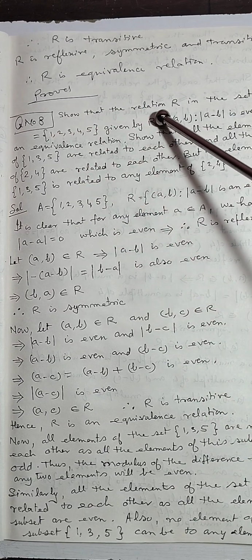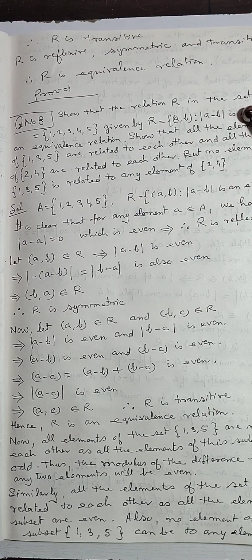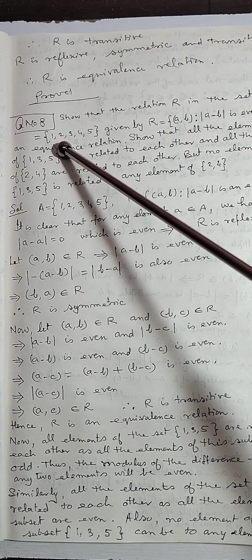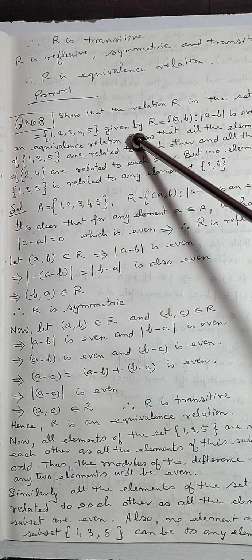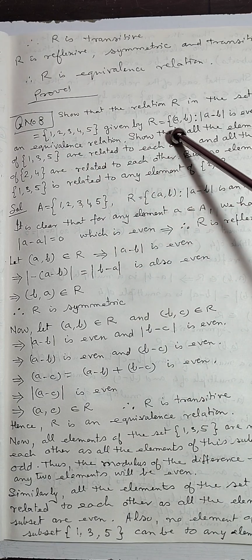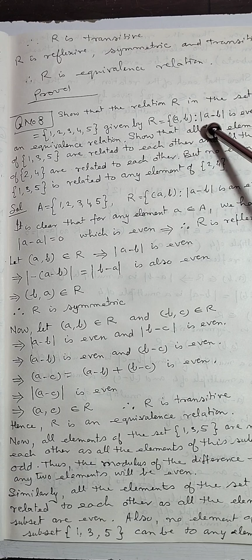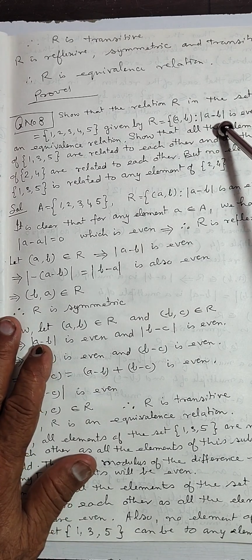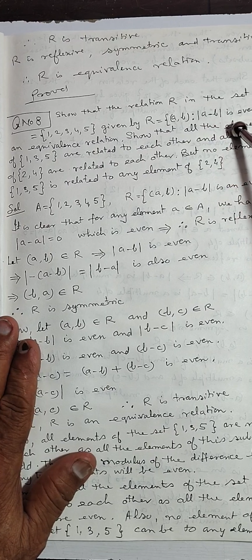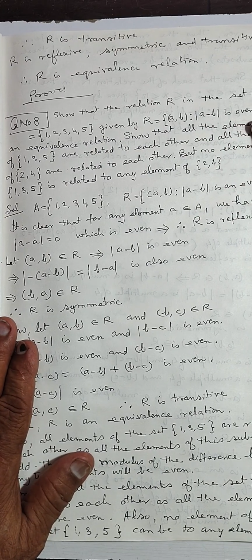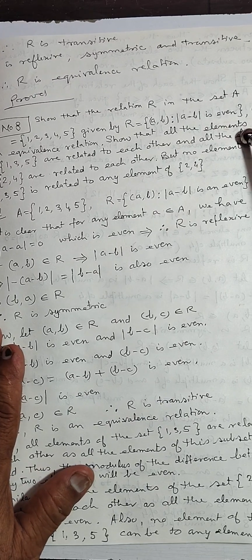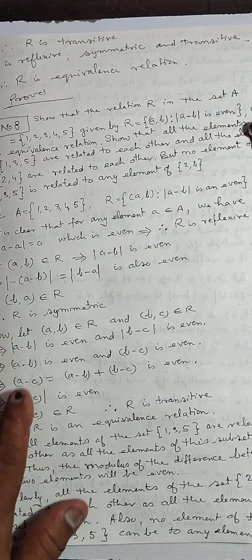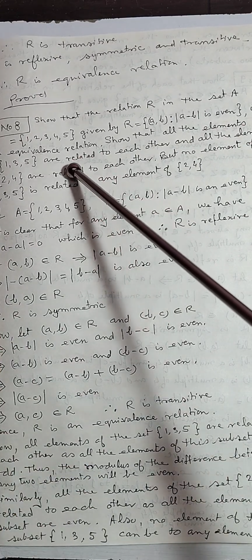Show that the relation R in the set A, where A consists of 1, 2, 3, 4, 5, given by R = {(a, b) such that |a - b| is even} is an equivalence relation.